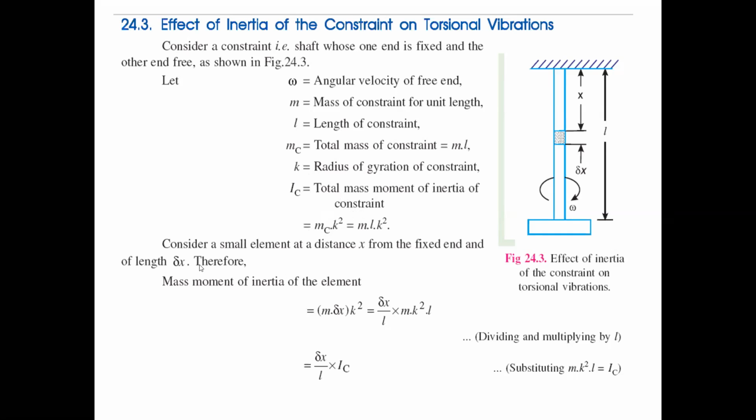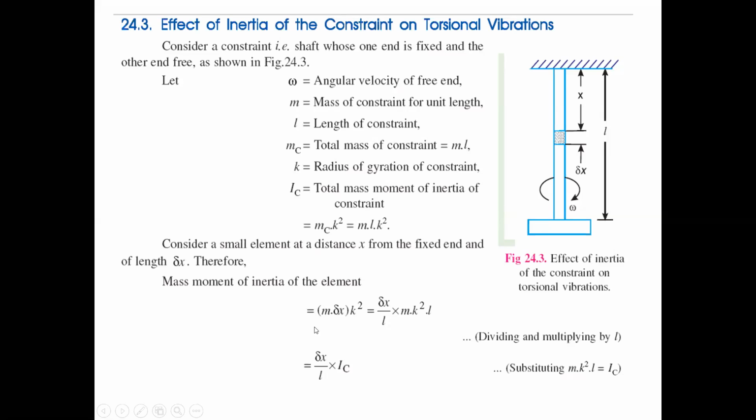Now consider a small element at a distance x from the fixed end, and the length of delta x. Therefore, we have to take the moment of inertia of the element.